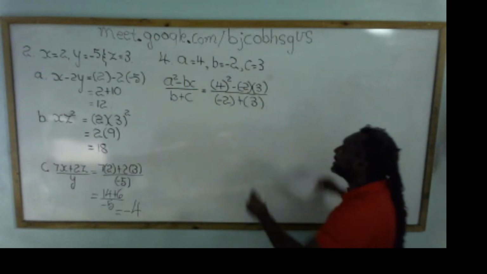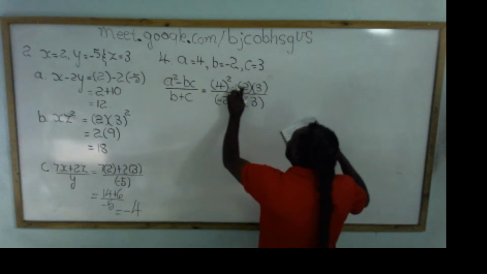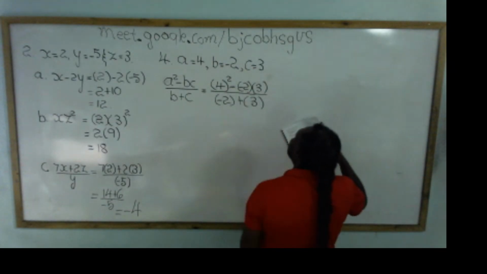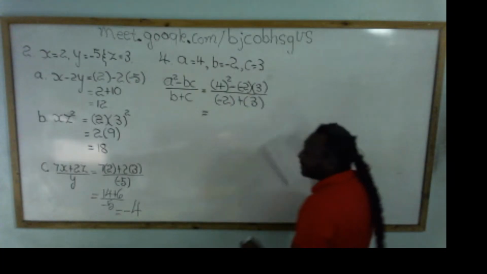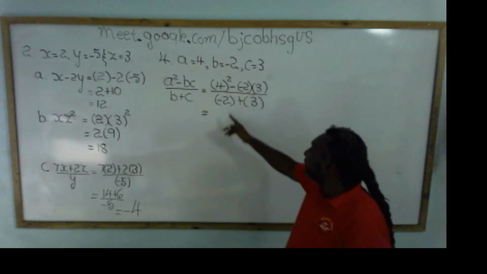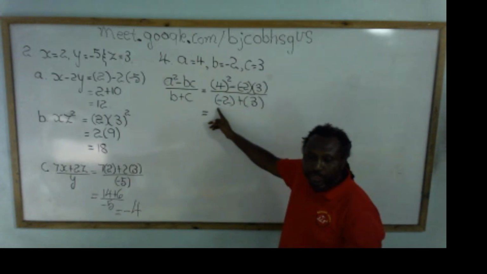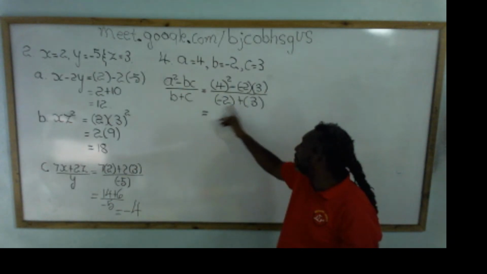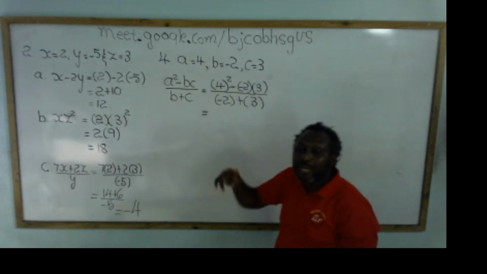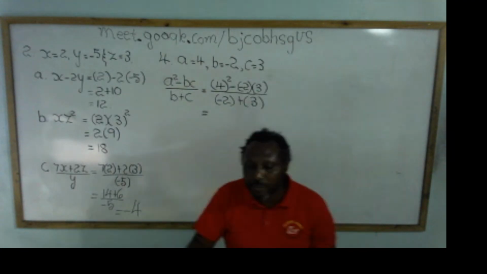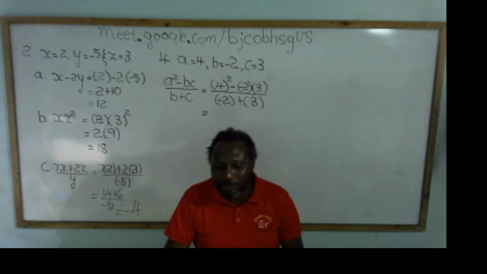Now students, as I said before, 2 takes longer than 5. So this one is a bit short. Why? Because you'll see that you have a negative 2 here plus 3. Negative 2 plus 3 is 1. So because the denominator is going to be 1, then the answer is going to be the numerator alone, because anything divided by 1 is that same thing.